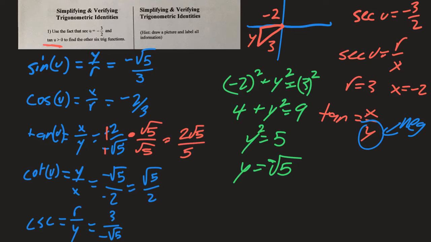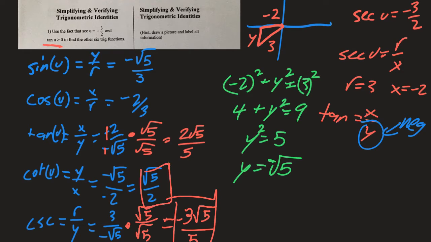And again, we need to rationalize this. We always want our answers in the simplest forms. So we've got √5 on top and bottom, and we're going to get 3 square root 5 over 5, and it is negative all over. So these are my other 5 remaining trig ratios, and you can see that all we did was plug in those numbers to get that. This is mostly a throwback to what we've already done before.